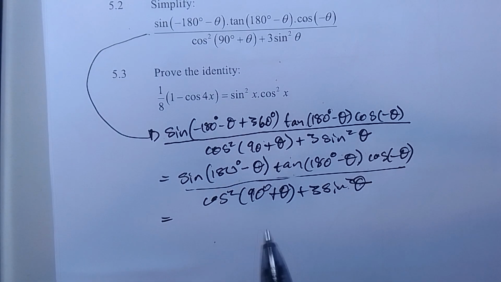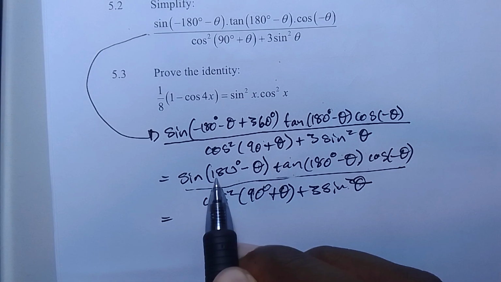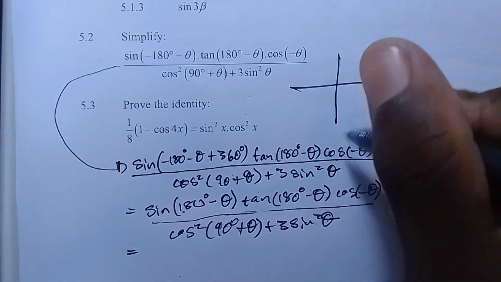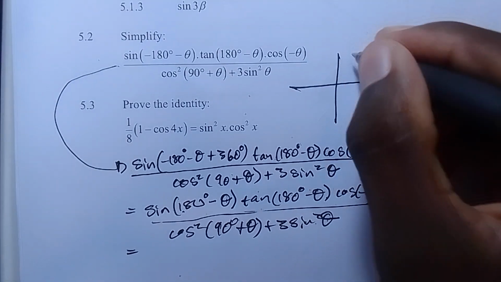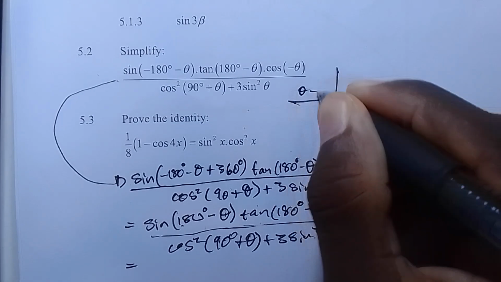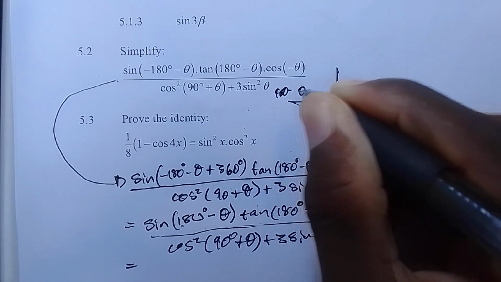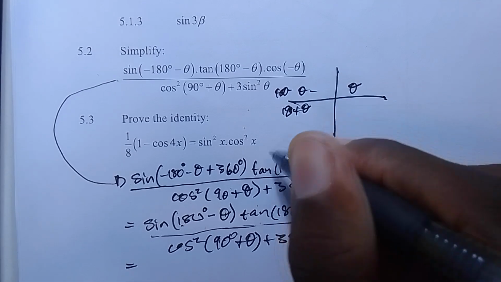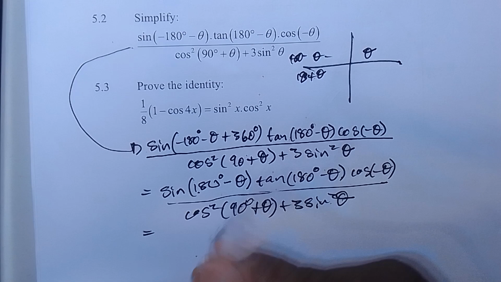Okay. So now we are simplifying. You can draw the CAST diagram if you want to make things easier for yourself. Here you have theta. Here you have 180 minus theta, 180 plus theta, and so on.